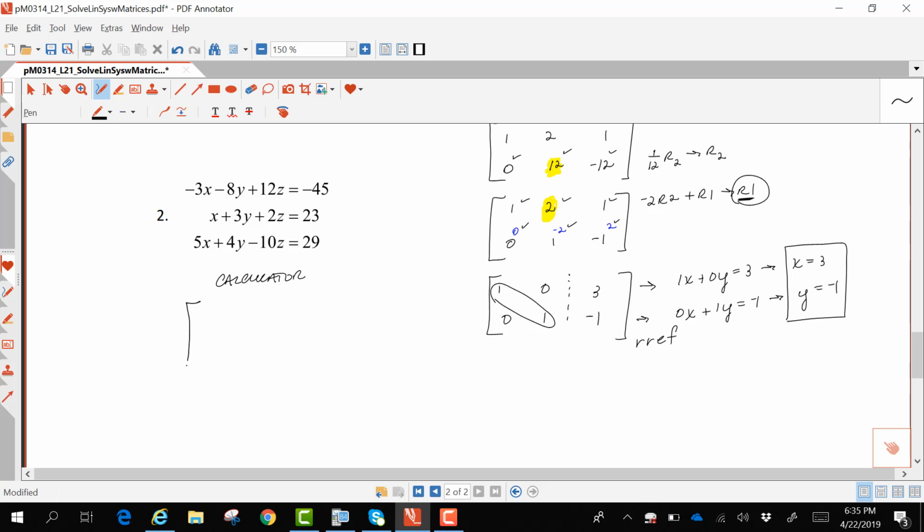We still begin by writing the augmented matrix using the coefficients of all of the variables and the constants. In this system, it is set up nicely for me. Every equation is in standard form, and I'm not having to fill in any zeros anywhere. Here is my augmented matrix. I'm going to enter this matrix into my calculator.